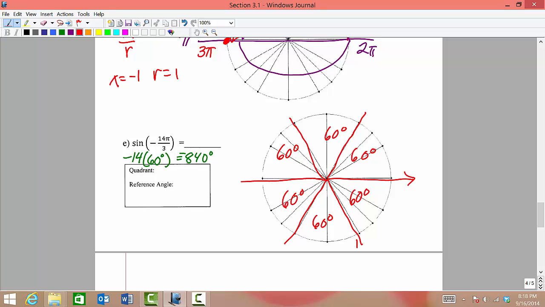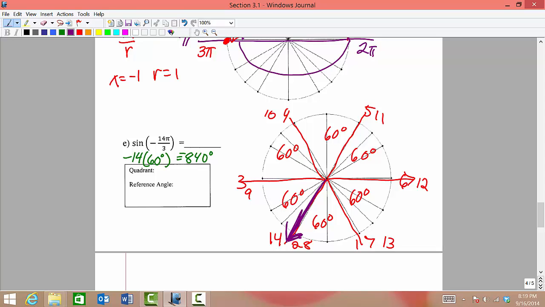So we go 1 of those, 2, 3, 4, 5, 6, 7, 8, 9, 10, 11, 12, 13, and 14. So if I go 14 segments in that clockwise direction, this is where I would end up stopping. So we go 14 of those.